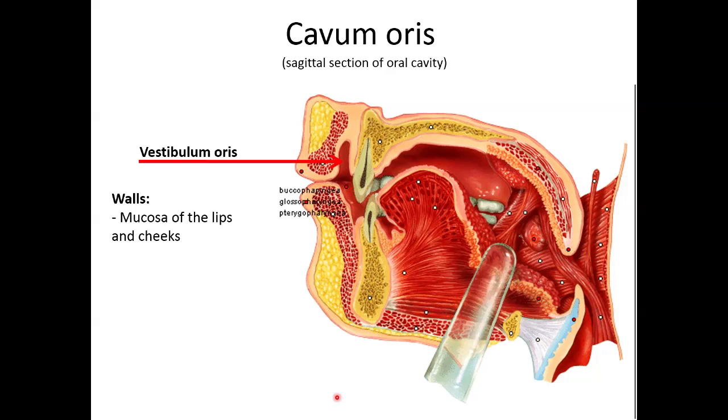From anterior and lateral side we can find the mucous sheet of the lips.